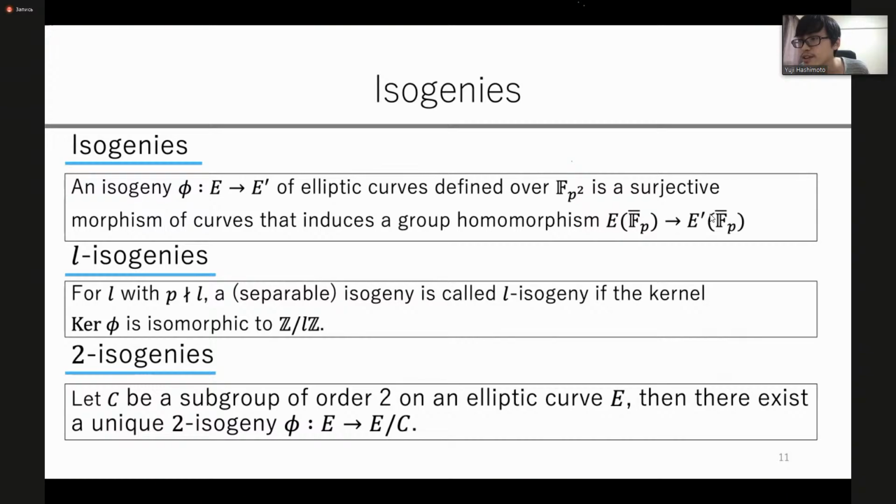For l not divisible by p, a separable isogeny is called an l-isogeny if the kernel of phi is isomorphic to Z over lZ. Given a subgroup of order 2 on an elliptic curve E, there exists a unique 2-isogeny phi.